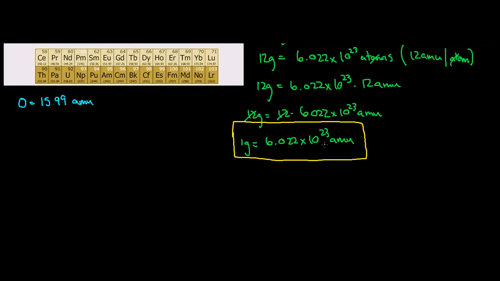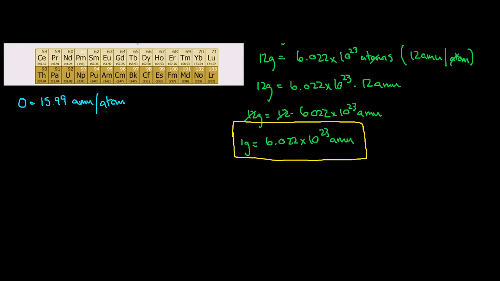So now what I'm able to do is convert from atomic mass units to grams per atom. What this relationship is going to allow me to do is create a link between quantity of atoms and grams.